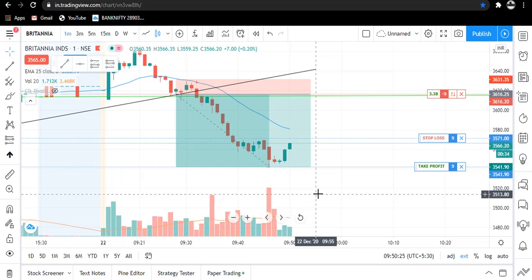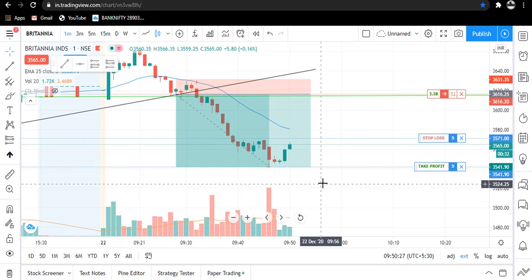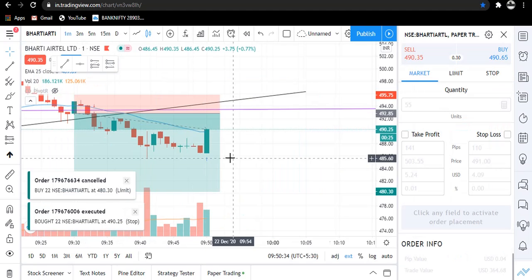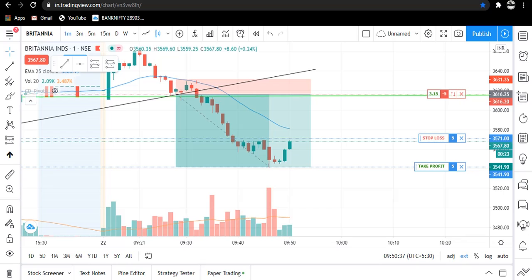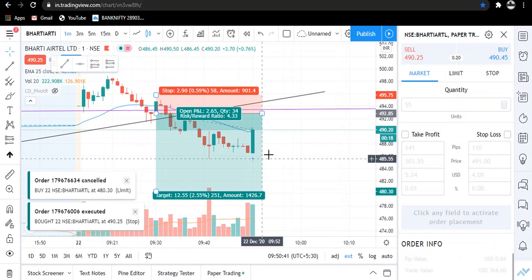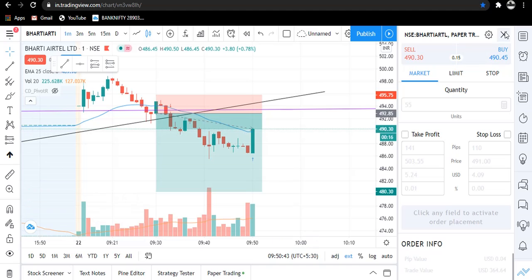Britannia is also coming, no problem. We are about to hit our trail stop loss. Okay, done. In Britannia it's not yet hit, but in Bharti Airtel our trail stop loss has been triggered.